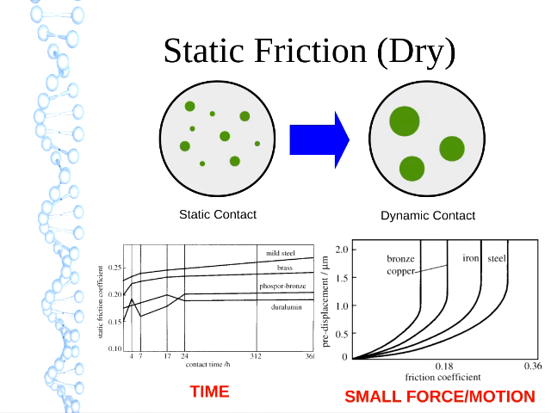In static friction, your coefficient of friction will change with time. The longer two surfaces are in contact, the higher the friction will be, the more force it will take to get them to move. The biggest change happens really quickly, and then the change slows down with time.